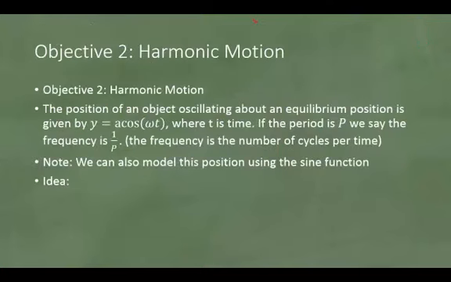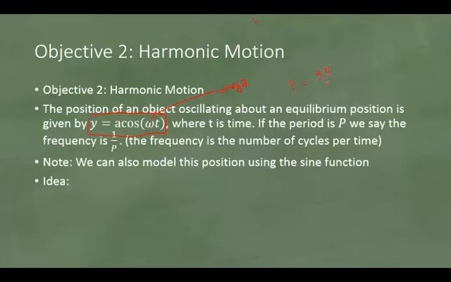Harmonic motion. The position of an object oscillating about an equilibrium position is given by y is equal to a cosine omega t. This thing is called omega, where t is time. And omega is just the number in front of t. Remember that we said that the period was equal to 2 pi over whatever that number is.